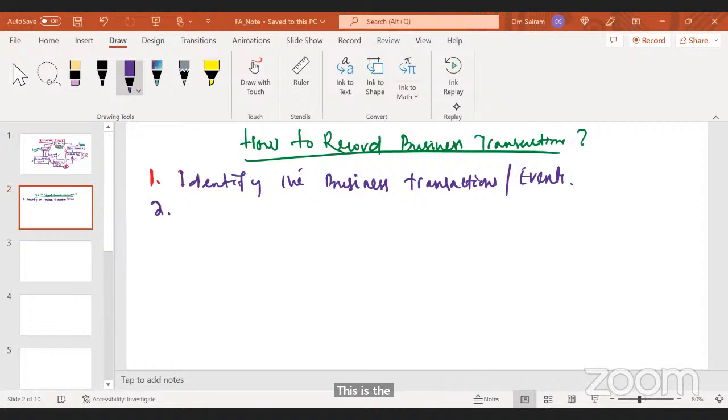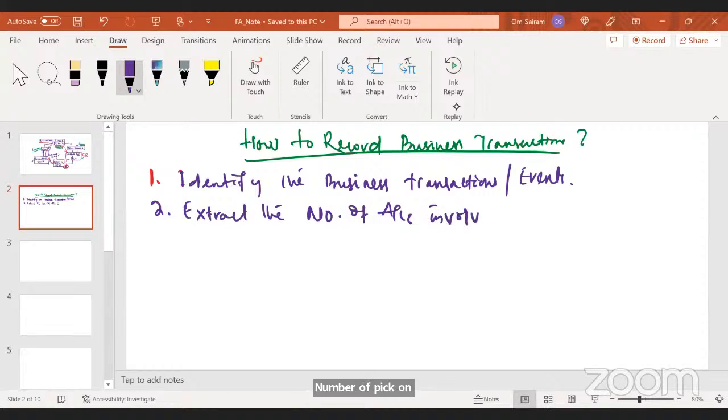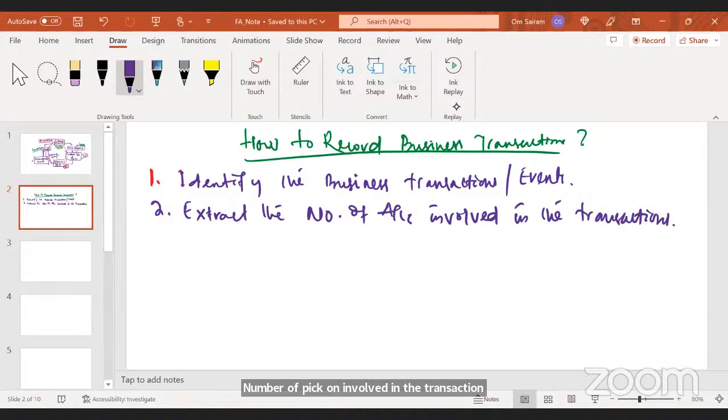Coming to step number 2. Under step number 2, what will we do? Extract the number of accounts involved in the transaction. In the second step, we have to identify the number of accounts involved in the transactions, because in the first step we have already identified that this is a business transaction.